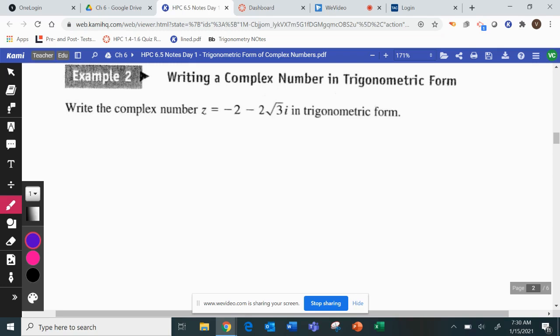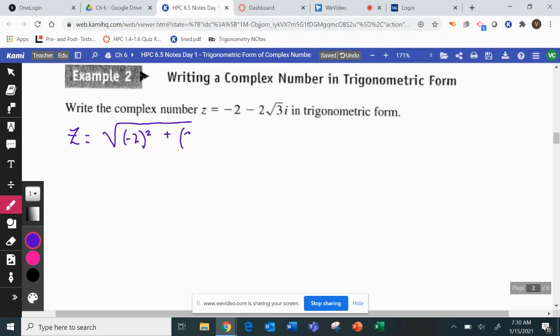Okay, so we're going to talk about the absolute value of z. The absolute value of z is the formula where we're going to take the a value squared and then add that to the b value squared.